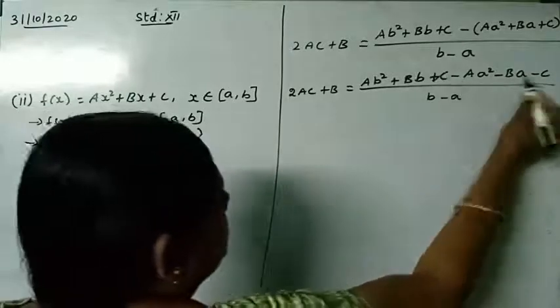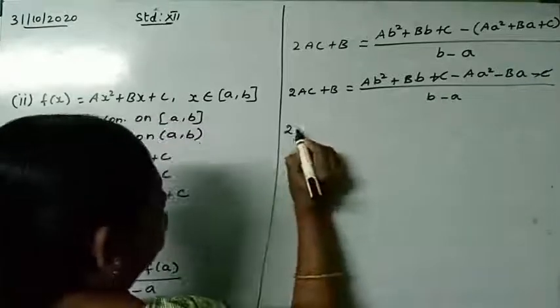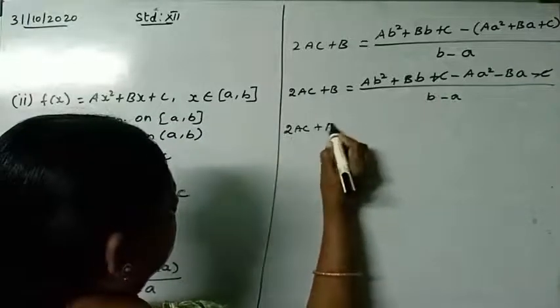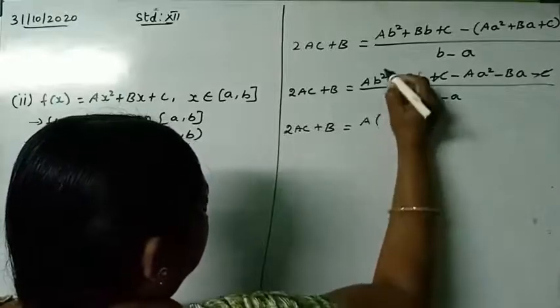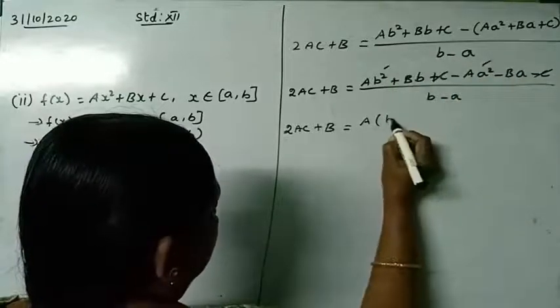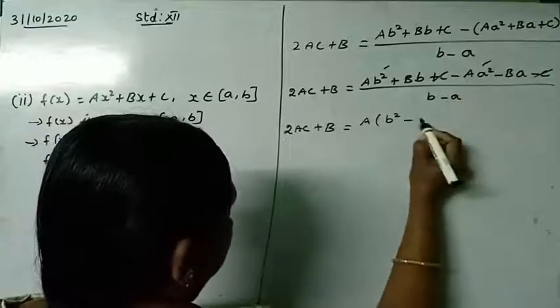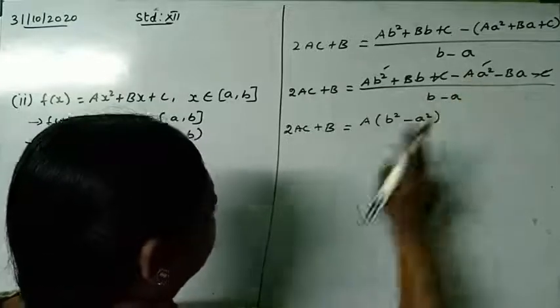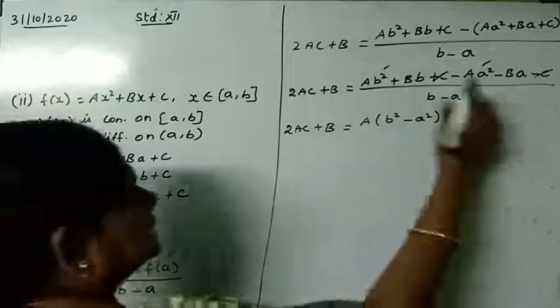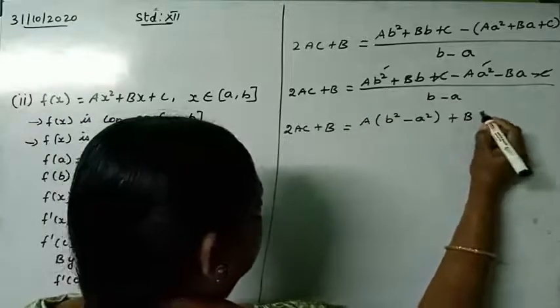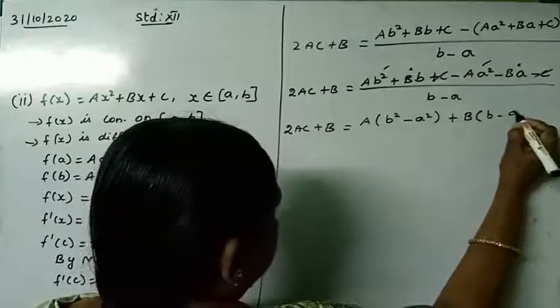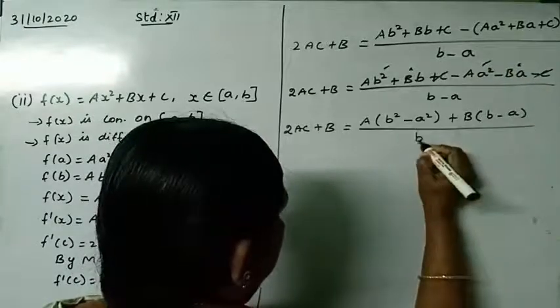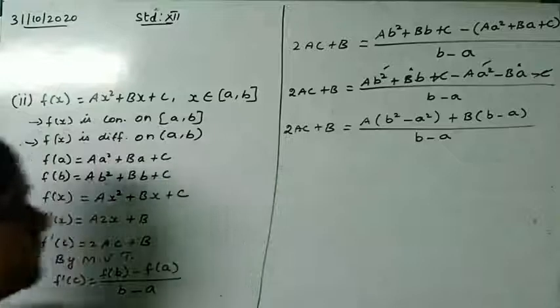Now c gets cancelled. Now grouping, a is a common factor, here b square and a square, so it is b square minus a square. In these two we took a common, next in the remaining we take b common, so it is b and a, so b minus a, divided by b minus a.